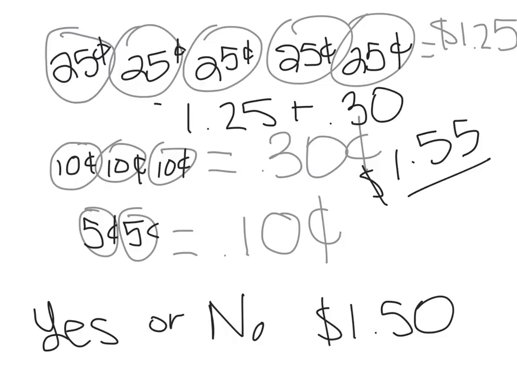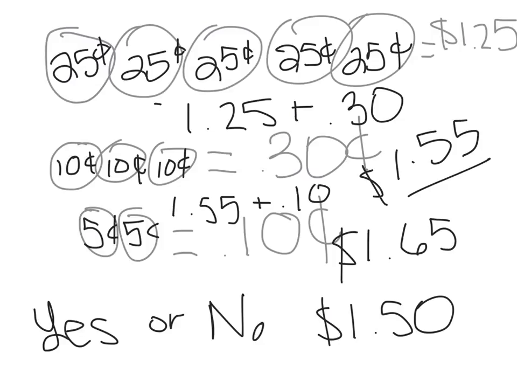Then we're going to take that number and add 10 cents to it. So $1.55 plus 10 will give us $1.65, which we know is larger than $1.50. So yes, Tommy will be able to buy his new kite.